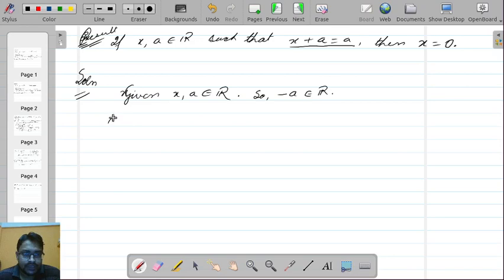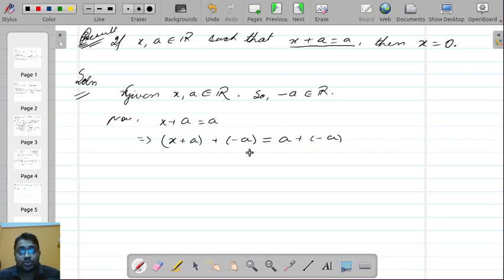So minus a belongs to R. Now x plus a equal to a will imply that we can add minus a to both sides, so this equals a plus minus a.